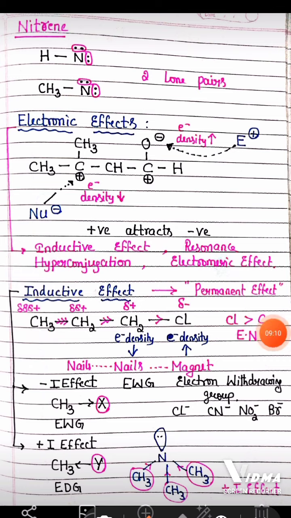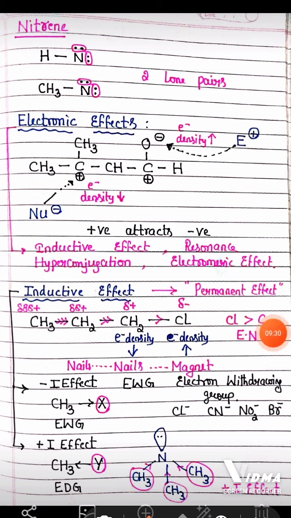So this is considered as inductive effect because of the presence of a more electronegative atom attached to the carbon atom, and this is a permanent effect. Inductive effect is a permanent effect.